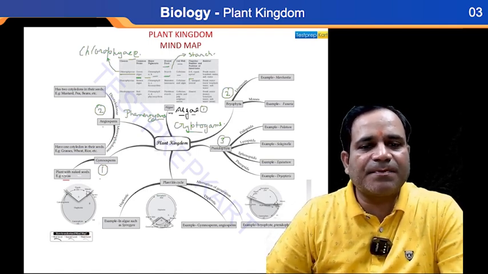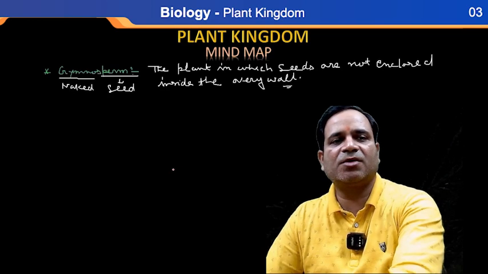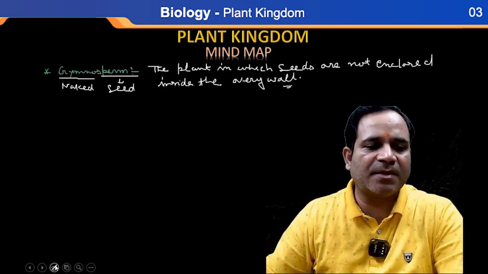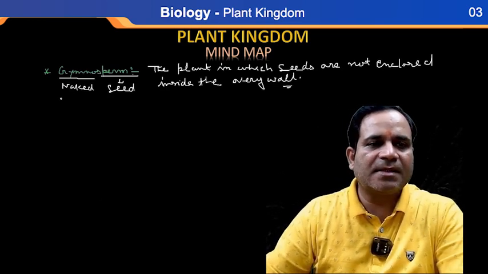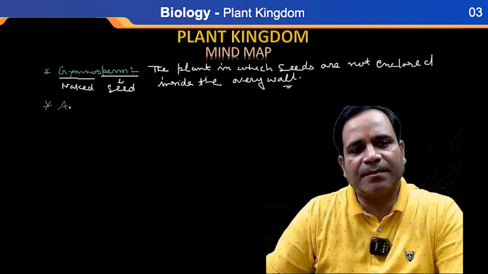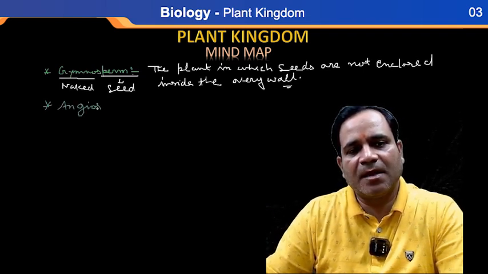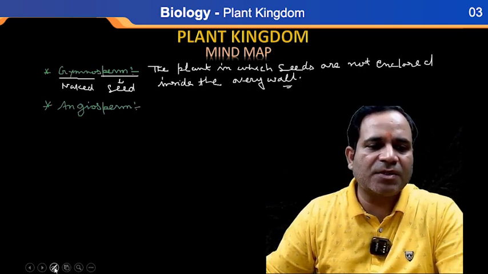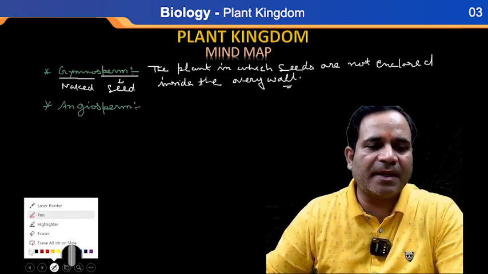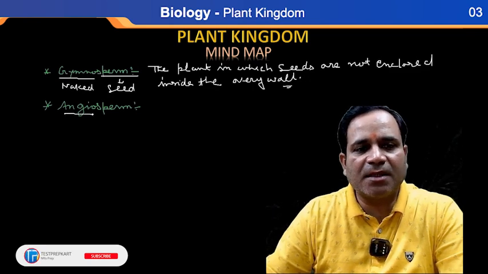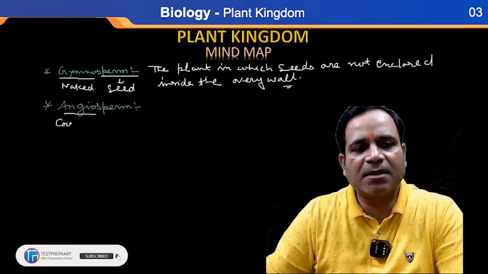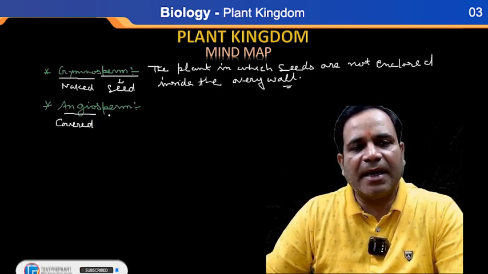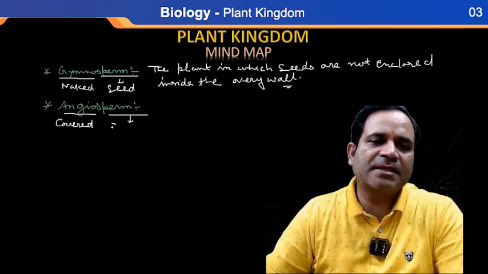Now, angiosperms. What is the meaning of angiosperm, my dear? Angio means covered, and sperma means seed.